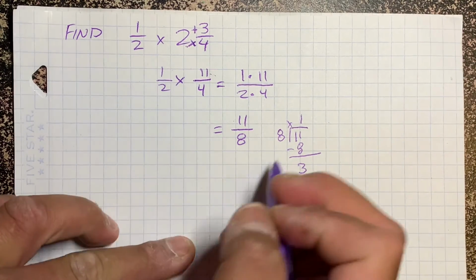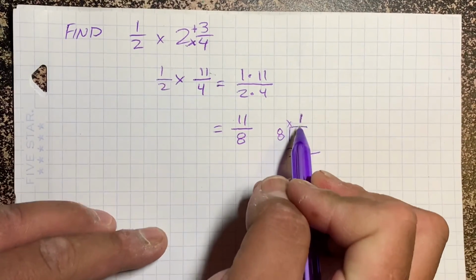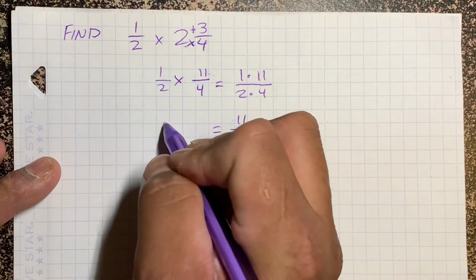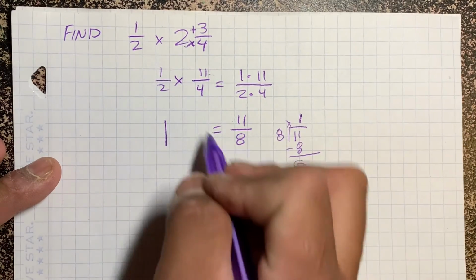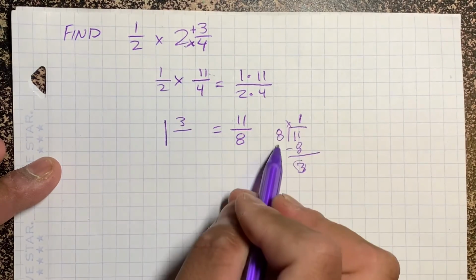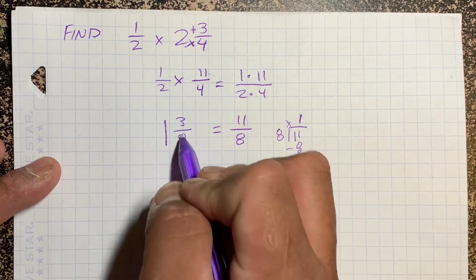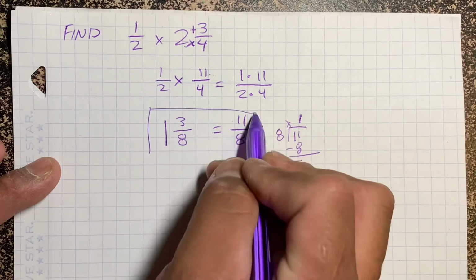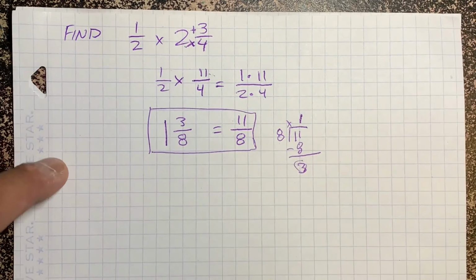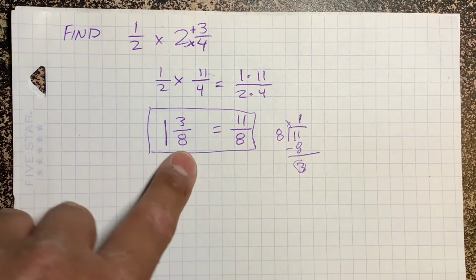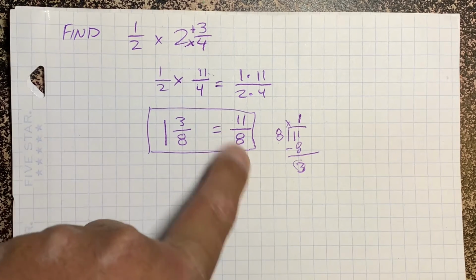So that whole number 1 is going to be a whole number. Your remainder is going to be your numerator, and your divisor is going to be your denominator. Both of these would be correct answers. So 1 3/8 would be equivalent to 11 over 8, the improper fraction.